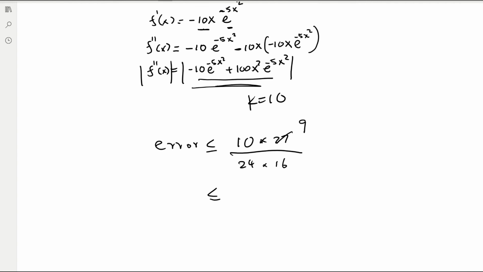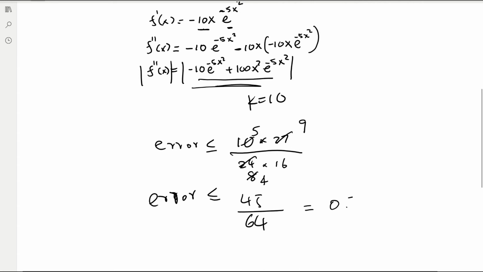There are 3 nines and here there are 3 eights. If we divide by 2, this is 4 and this is 5, so 9 times 5 is 45, over 16 times 4 which is 64. Now it's all about plugging this into the calculator, and if I do that I get 0.703. So that's my worst error in this problem.